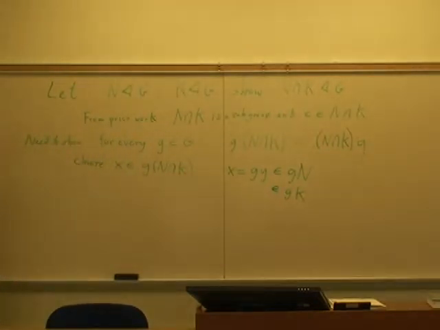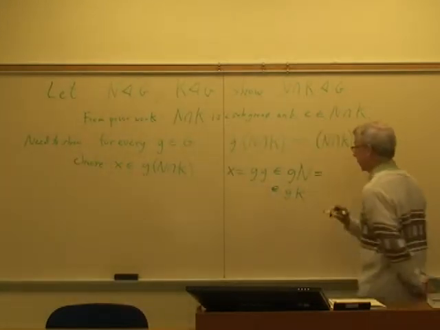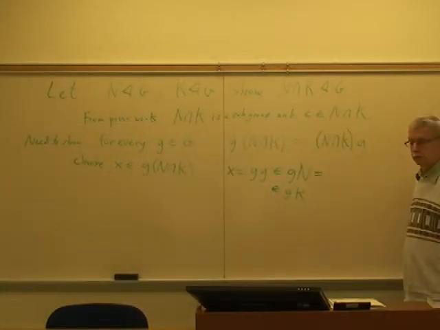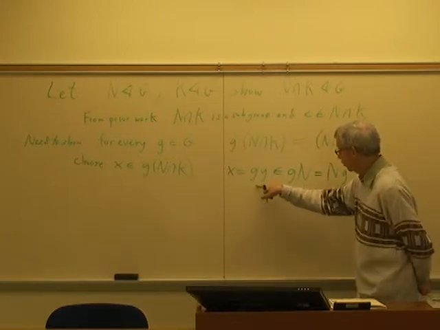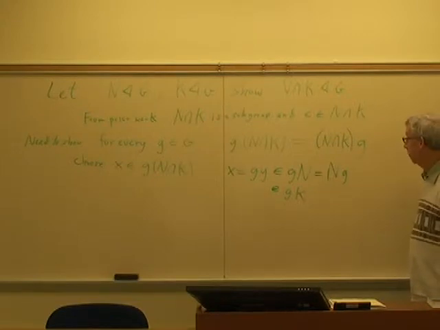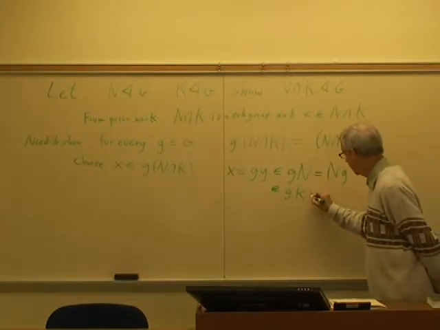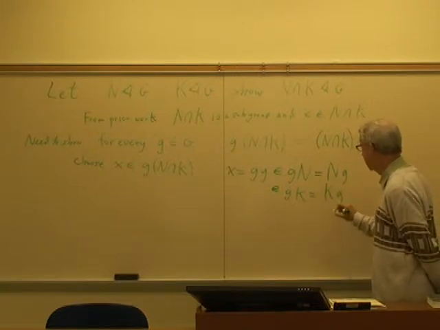But what do we know about N? It's normal. So I know this equals Ng. So I know that x lives in Ng. But gK is equal to what? Kg, because K is normal.